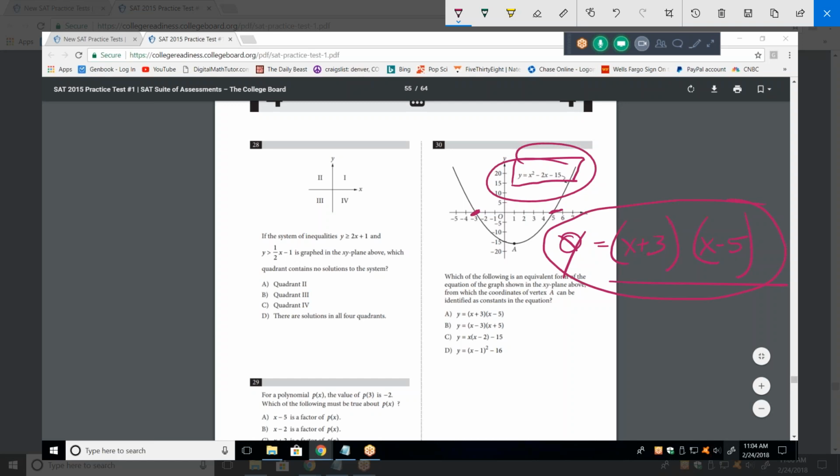Well, how about that? Notice what format that's in. That's in vertex format. I know what the vertex is. The vertex is (1, minus 16), which indeed agrees with that right there. That vertex is at (1, minus 16).